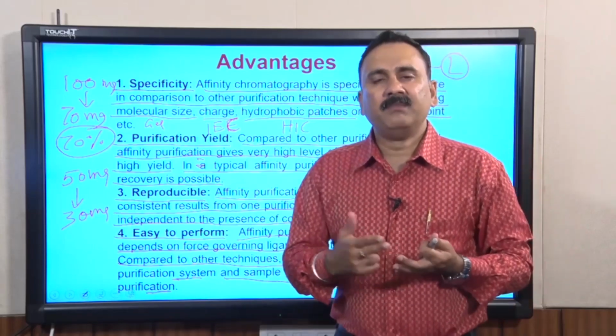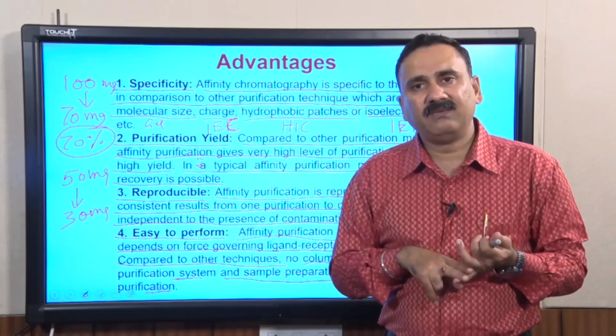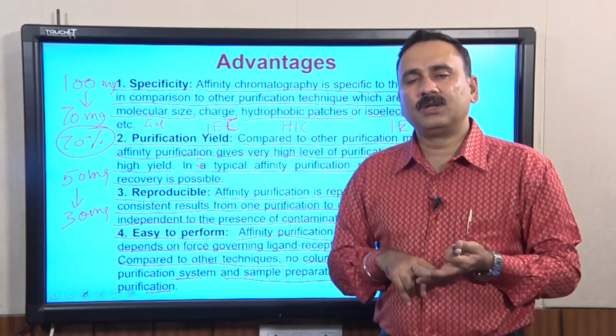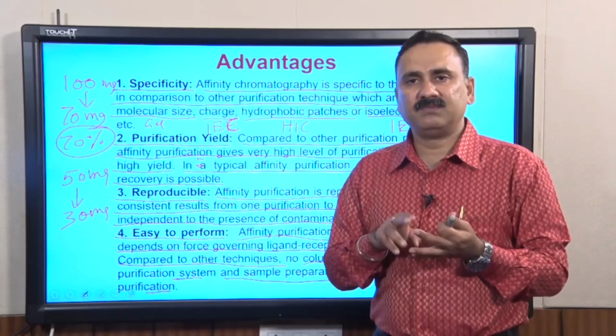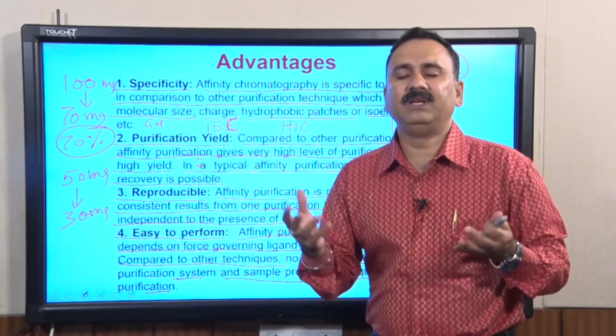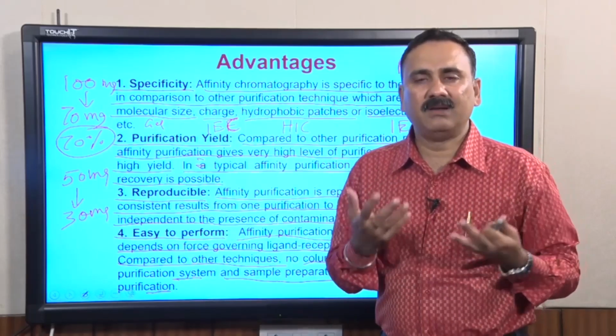And because it does not require column packing or a purification system, it also keeps the infrastructure requirement very low, which means even if you do not have columns, you can do the chromatography simply in a beaker.